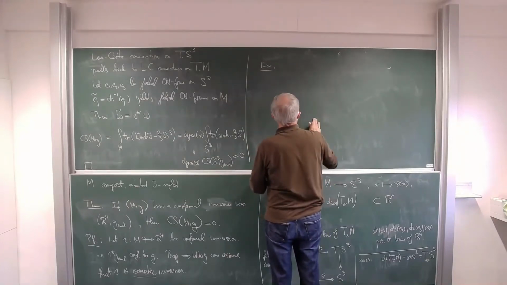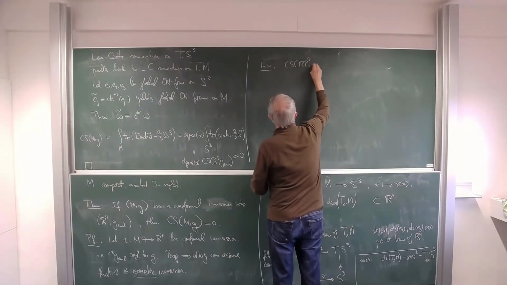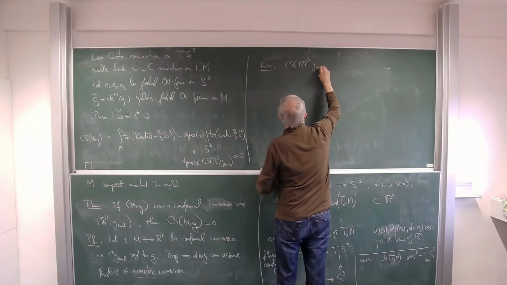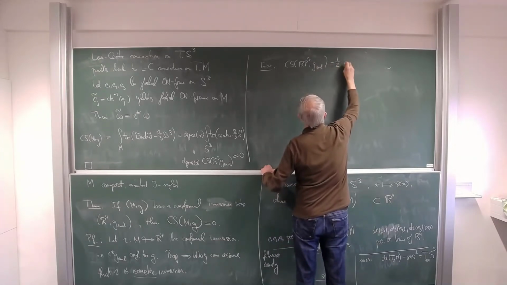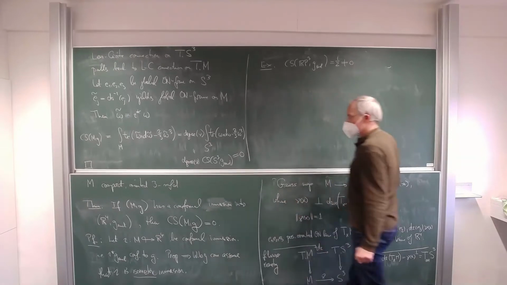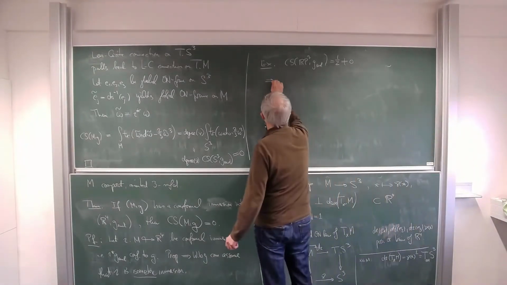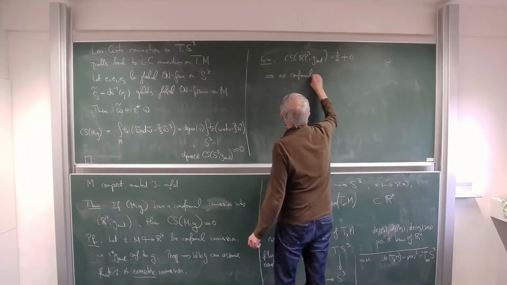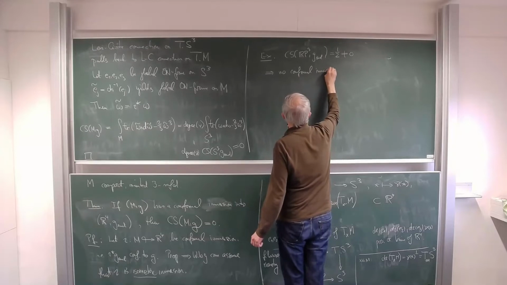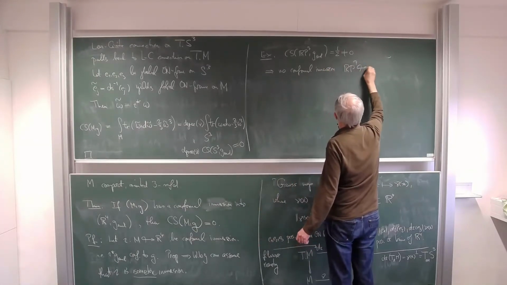Remember, the round metric on RP3 has Chern-Simons invariant 1/2, which is not equal to 0 modulo Z, and so therefore there's no conformal immersion of RP3 into R4.